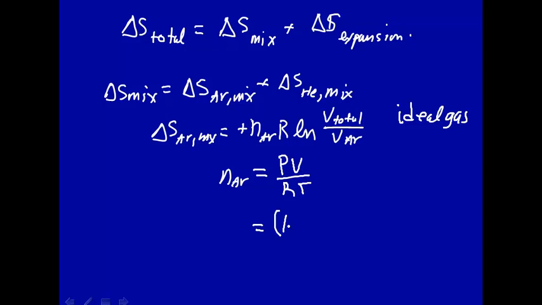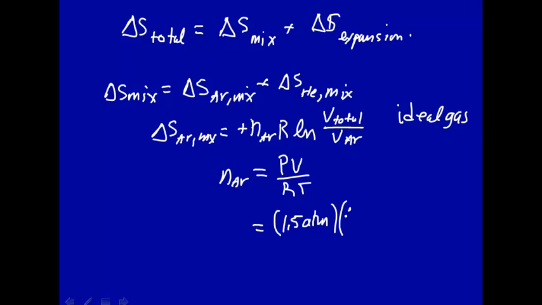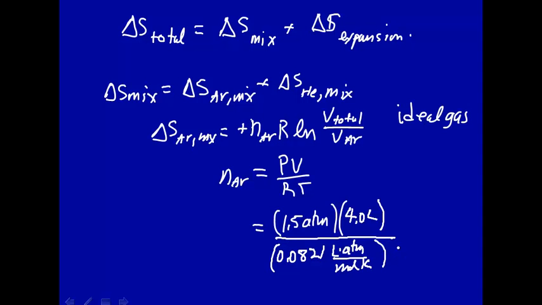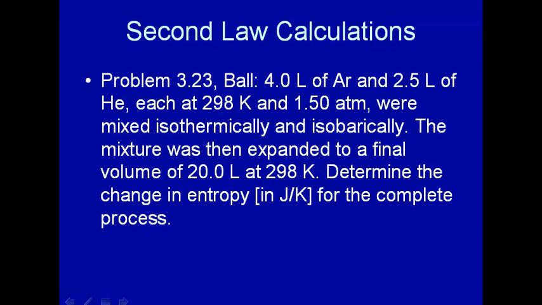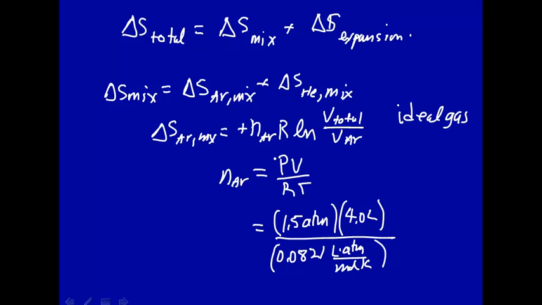The pressure was 1.5 atmosphere. The volume of argon, let me check that, 4.0 liter. The appropriate value of R is 0.0821 liter atmosphere per mole Kelvin. And the absolute temperature given in the problem is 298.